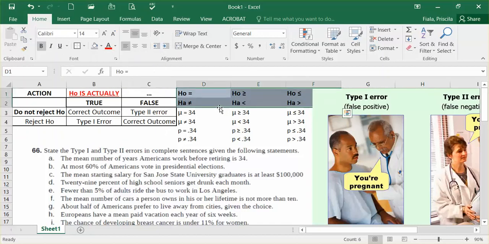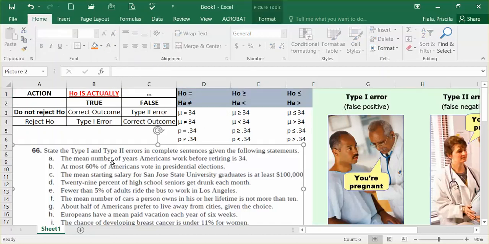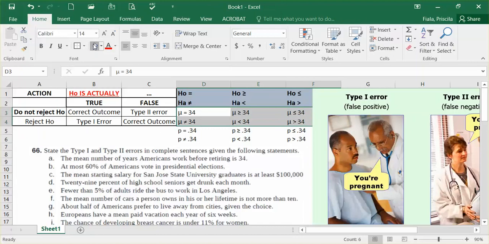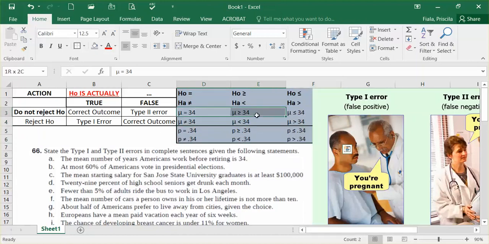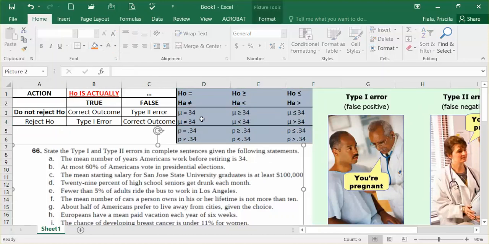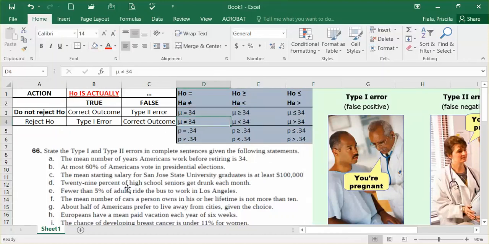For example, the mean number of years Americans work before retiring is 34. And I said you're working with means, so you would be working with the top portion and not the bottom portion, correct? Sorry for the formatting. I did as much as I could before.